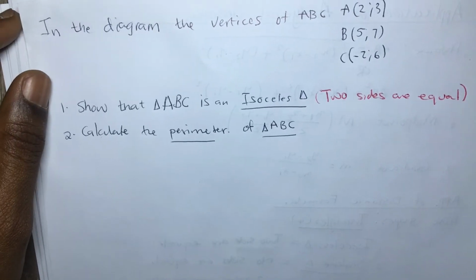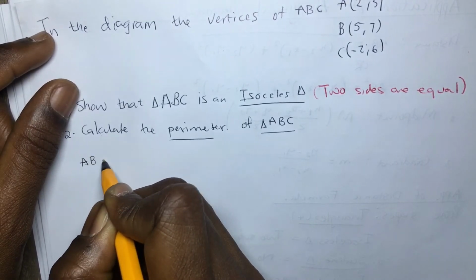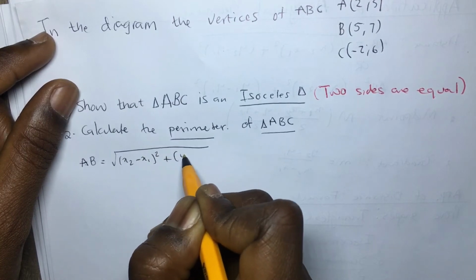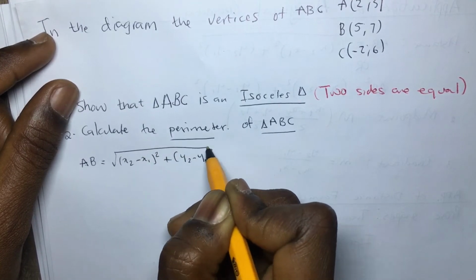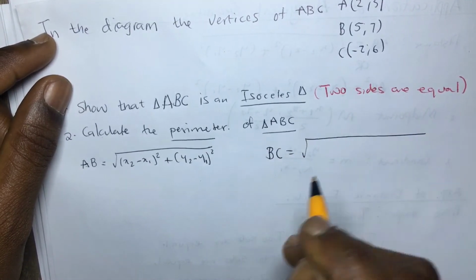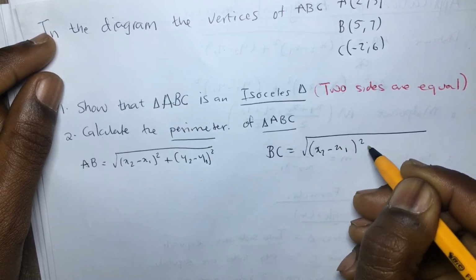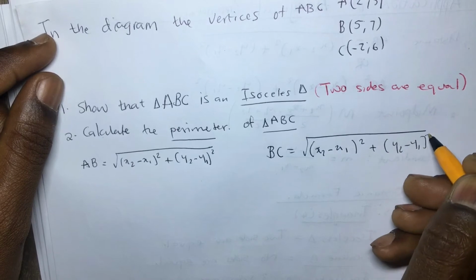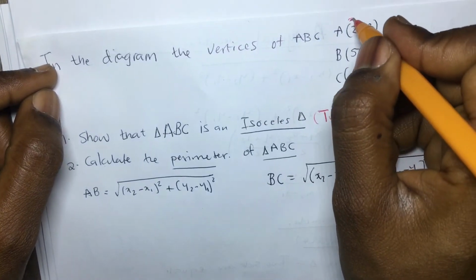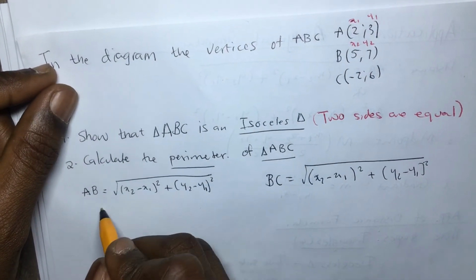I'm going to find the distance of AB in this case, using the formula square root of (x2 minus x1) squared plus (y2 minus y1) squared. So you start by choosing x1, y1, x2, y2. Then you go ahead and substitute.